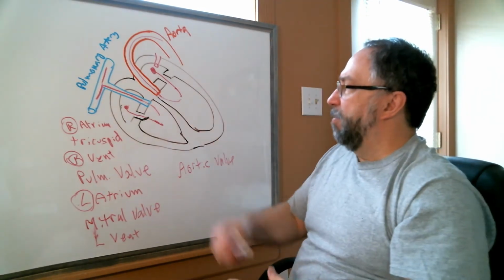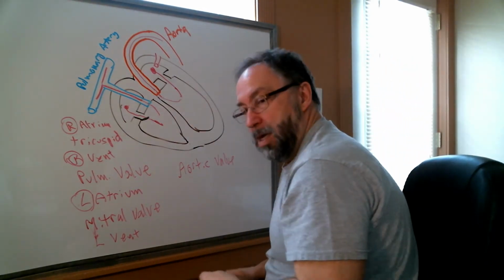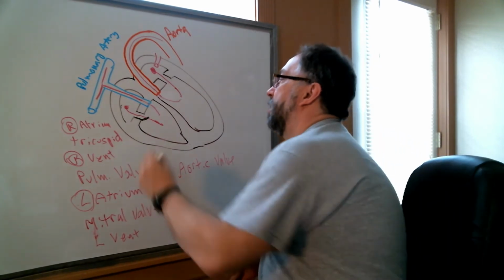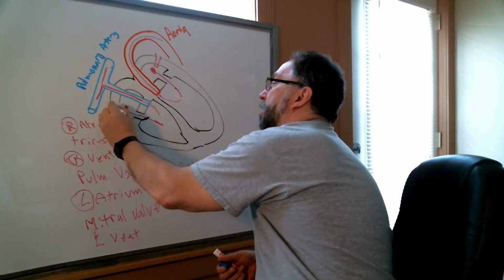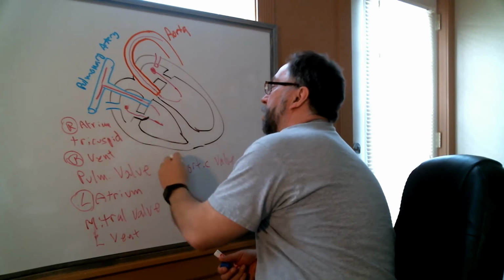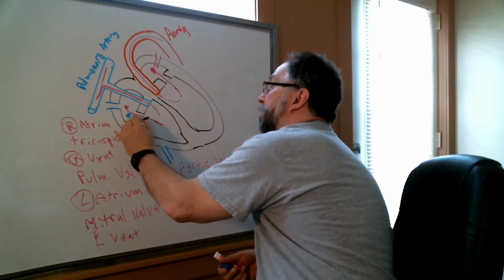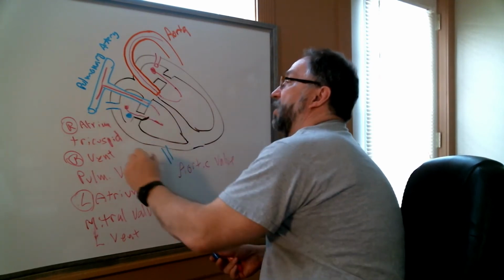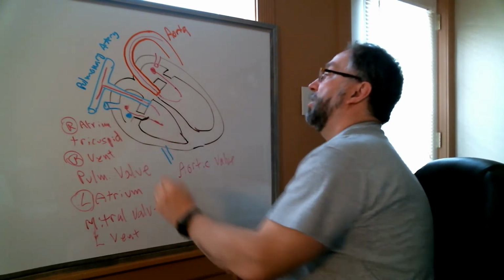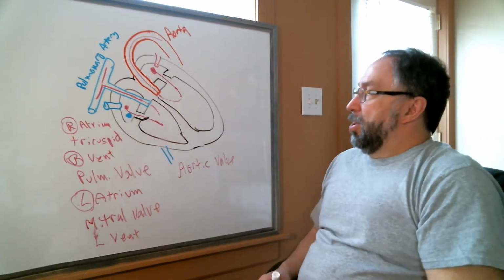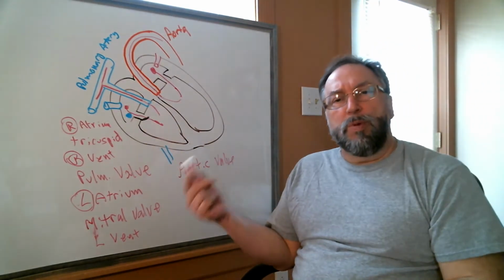Then it returns from the body, unoxygenated, through the superior and inferior vena cava, and it kind of comes in through the sinus here. I'm not going to bother writing them in there. So that's the blood flow through the heart.